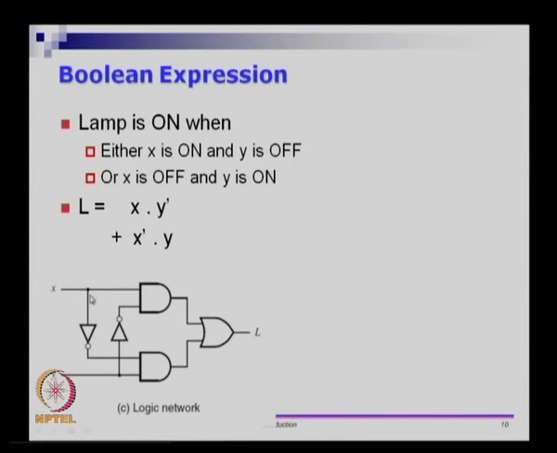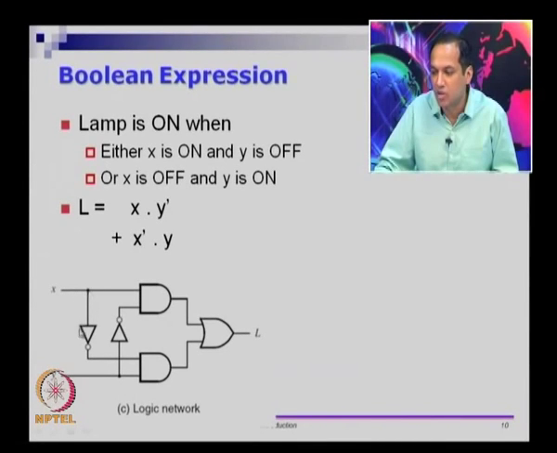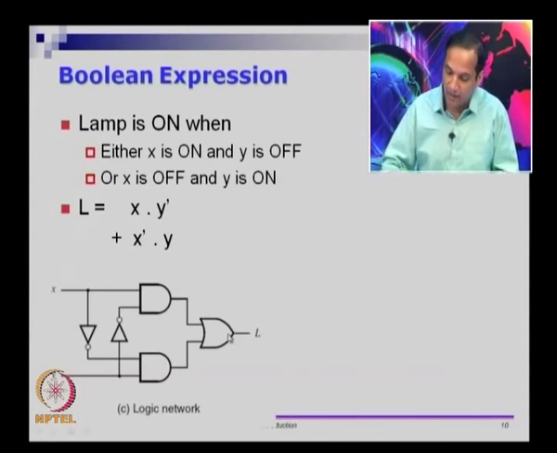In electrical circuits we use that to denote branches. You probably know that from your basic electric circuits, that when you have a dot on a line it means that you are branching. So X is branching here and branching here, this line comes as X complement, this line goes as X. Similarly for Y, this line goes as Y, this line goes as Y complement. This one is for X and Y bar, this is for Y and X bar, and that is L.